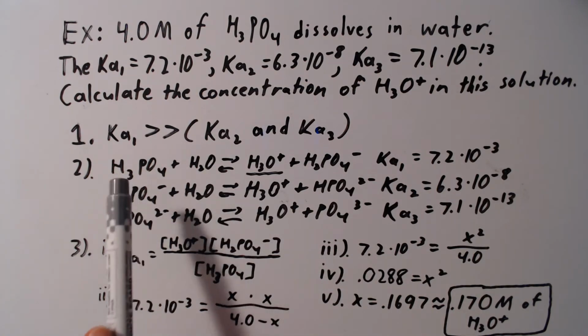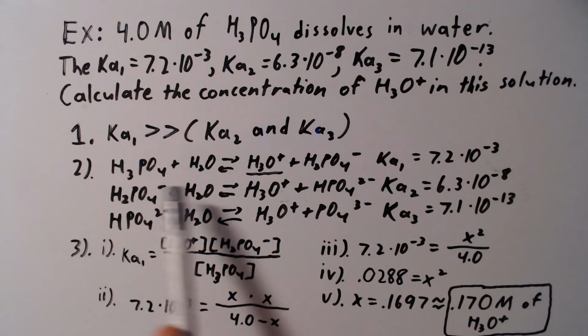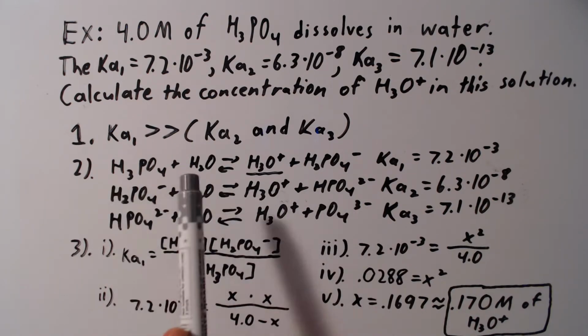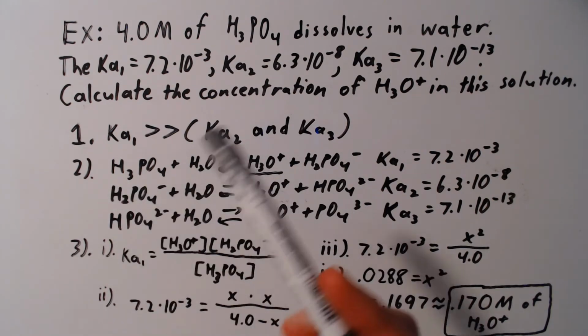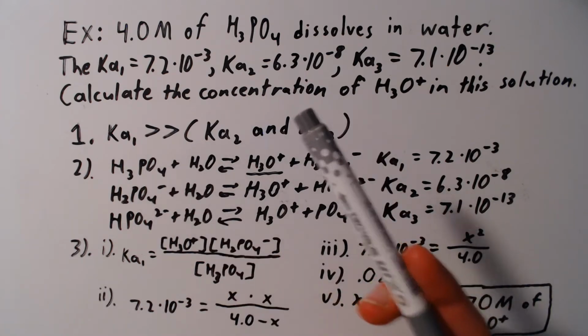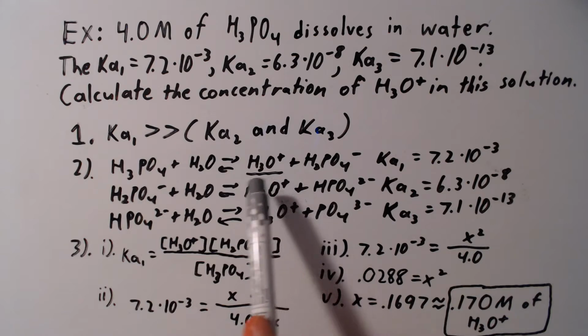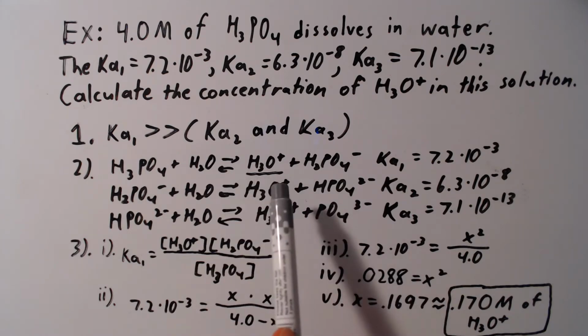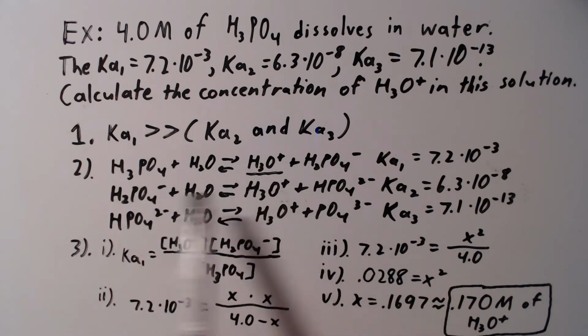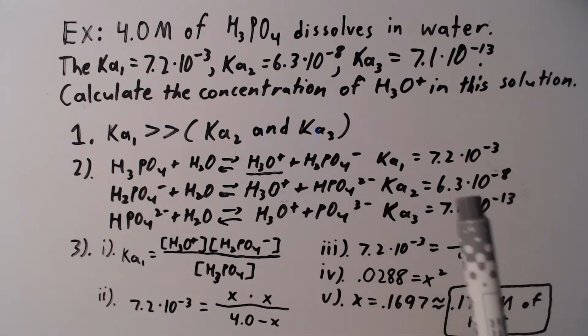So if we know that only this first reaction really matters, then this problem becomes a very simple problem, because we only need to find the H3O+ concentration produced for this reaction. And then it becomes like a simple acid dissociation problem.